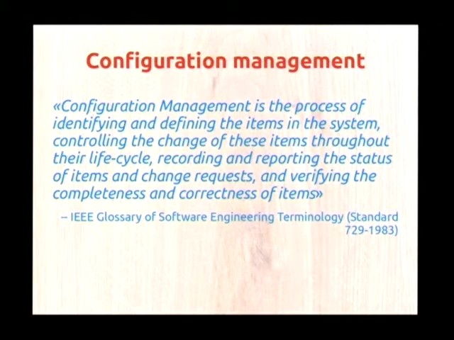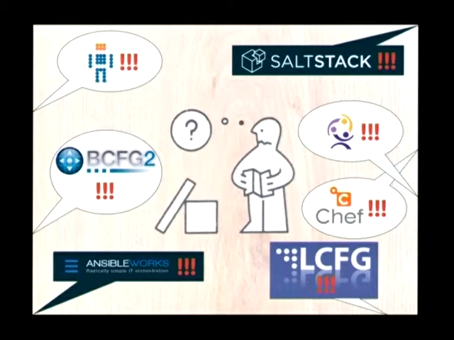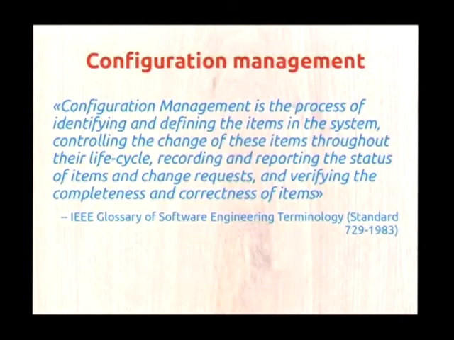Configuration management is the process of 1, identifying and defining the items in the system. 2, controlling the change of these items throughout the life cycle. 3, recording and reporting the status of items and change requests. And 4th, verifying the completeness and correctness of items. Now, if we had to talk about every single piece of this, and discuss how each of these tools does or doesn't do that part, it would take hours.